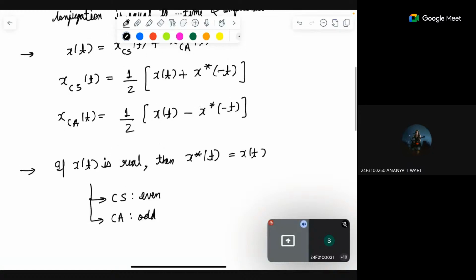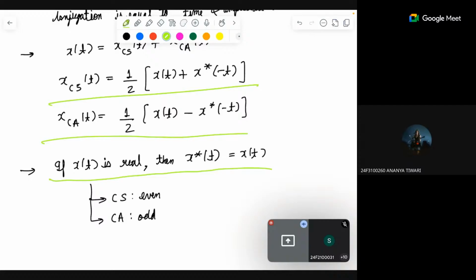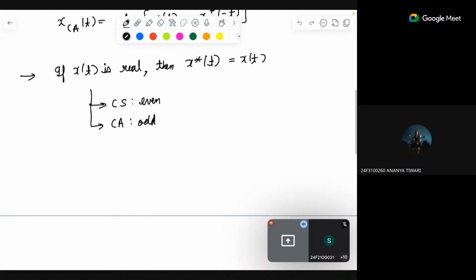If x of t is real, x star of t will be equal to x of t. If we replace it here, we will get the same thing that we had for even and odd. But unlike even and odd, conjugate symmetric and conjugate asymmetric signals do not affect the area and neither the orthogonality, because the conjugation operation is there, so we cannot directly say.